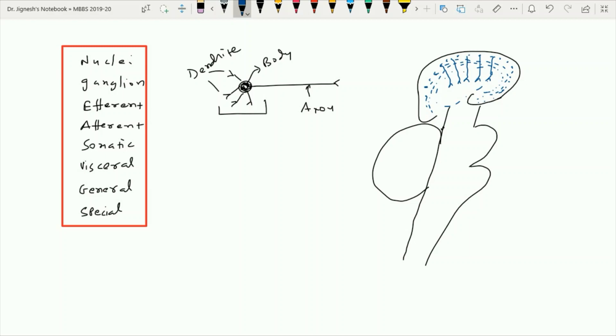But the reverse occurs in the spinal cord, where the gray matter is situated in the central part, while the peripheral part is composed of the maximum number of axons, and that's why this is the white matter for the spinal cord. So when we take a section of a spinal cord, we can see like this.